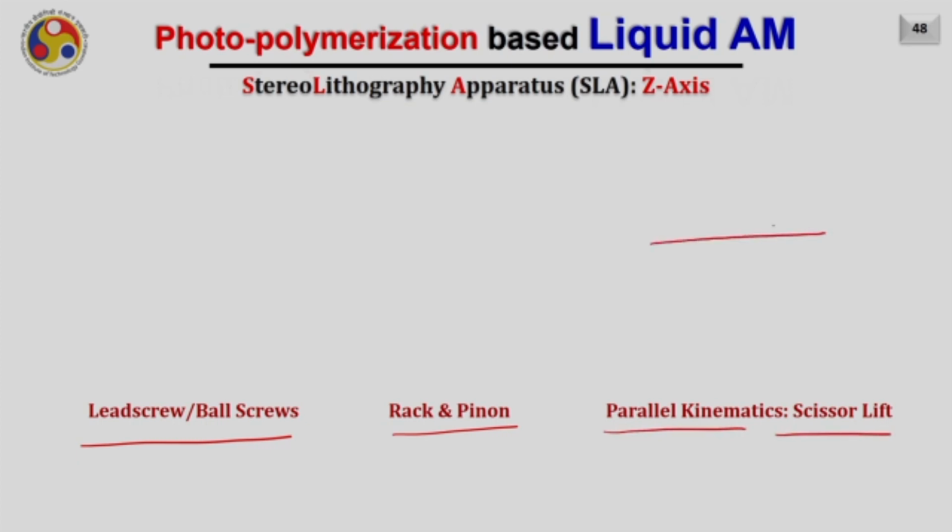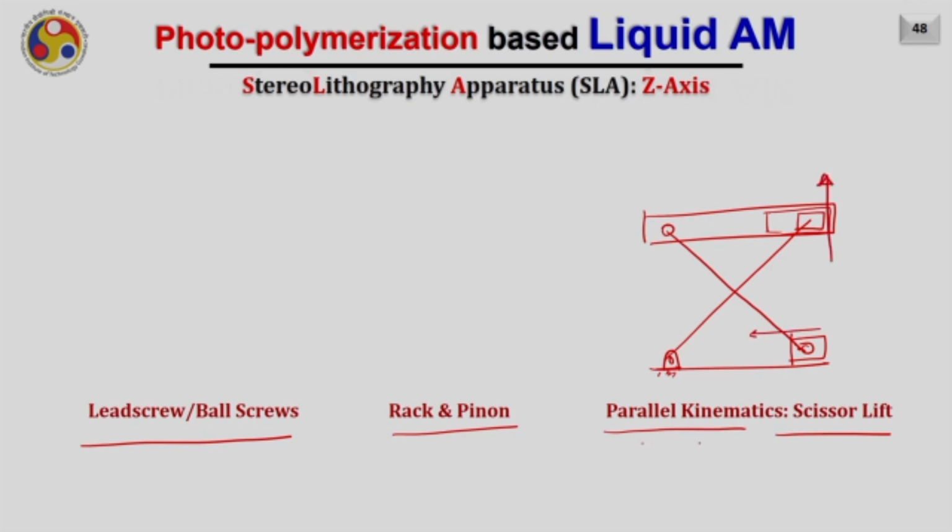So scissor lifts look something like this. So this is the build platform, and now if this end will move, of course this will lift up.